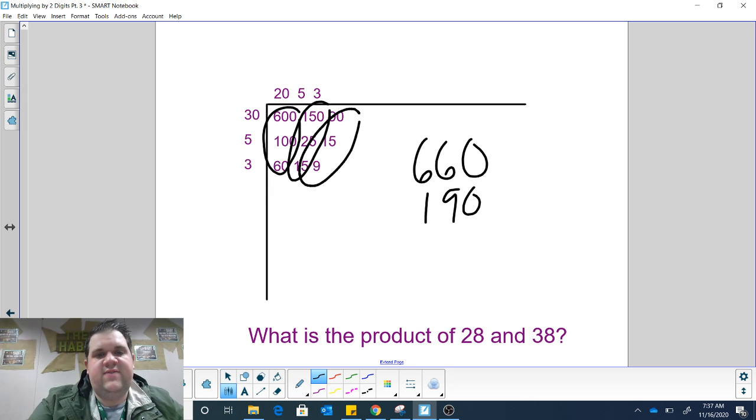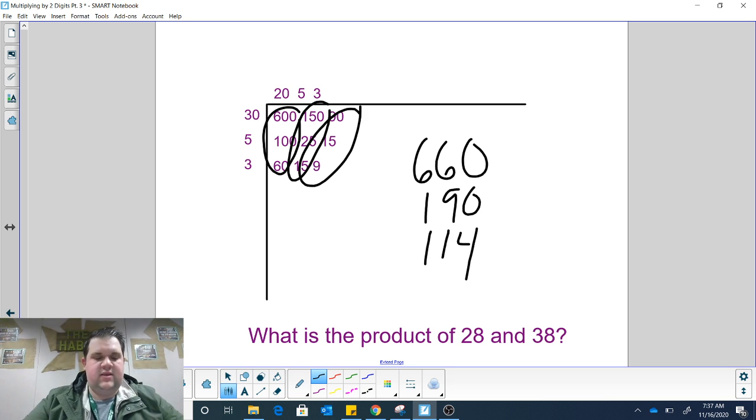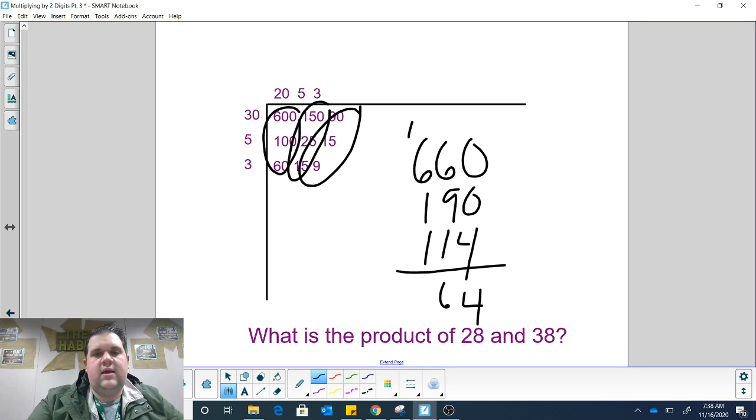And 90 plus 15 plus 9: 90 plus 10 is 100, plus 5 is 105, plus 9 is 114. So now I'm going to add all these parts together. 6 plus 9 is 15, 16. Okay, 6, 7, 8, 9.